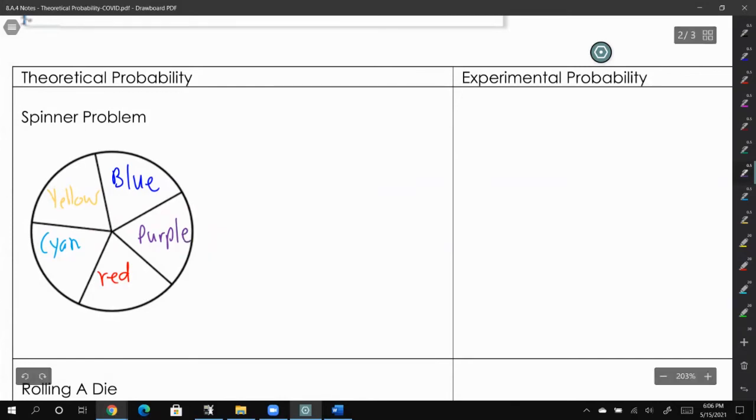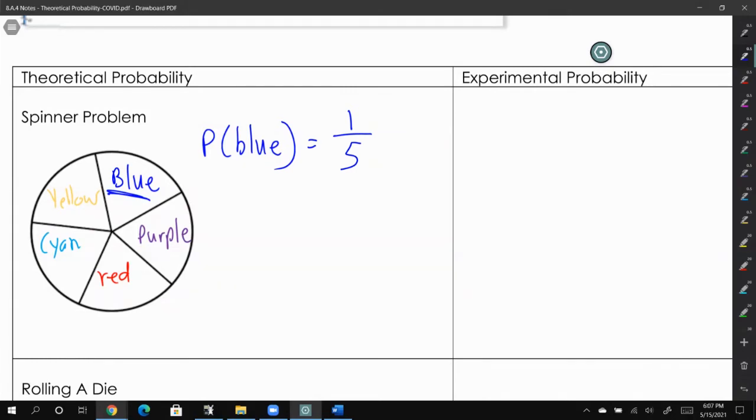So if I were to say, what's the probability of spinning a blue? Well, there's one piece shaded blue out of 5 possibilities. So we'd say, okay, the probability of getting blue would be 1 out of 5.